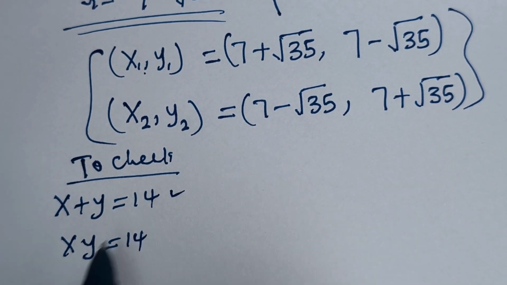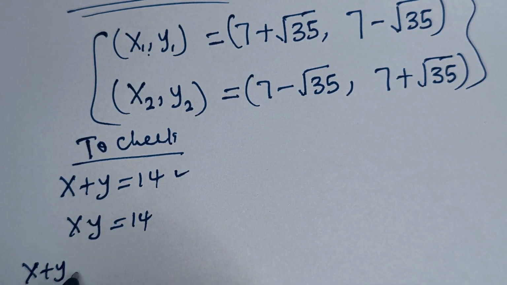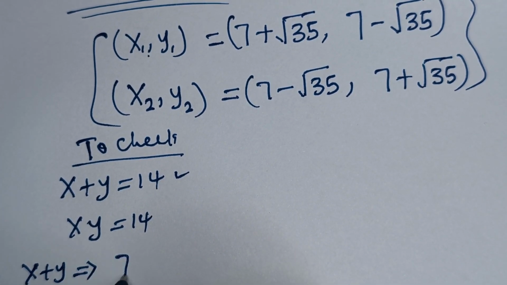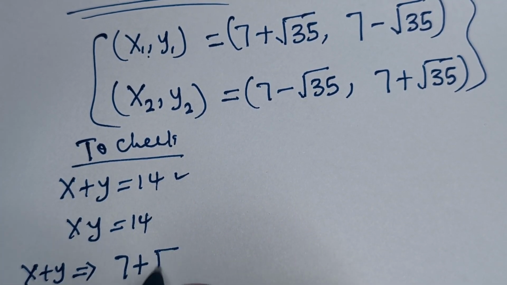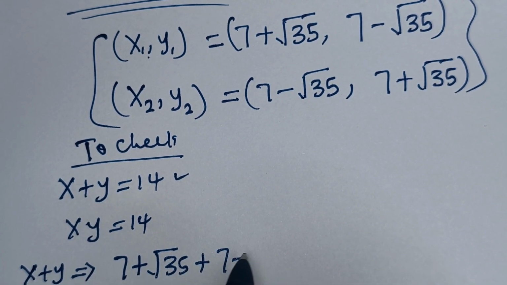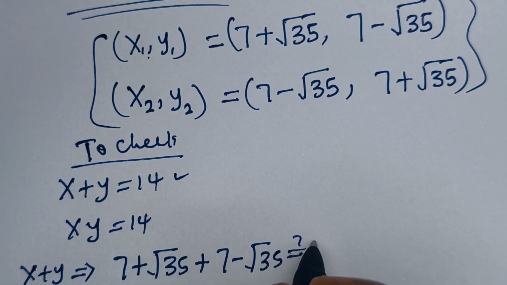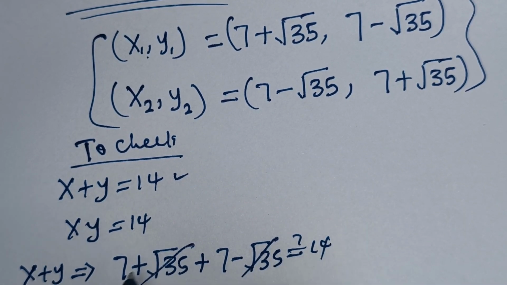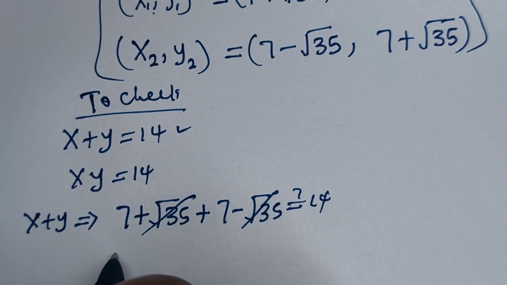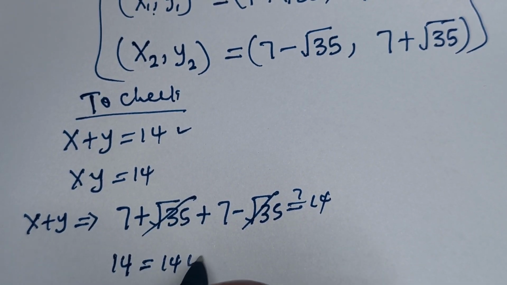Now let us consider this. x plus y, this is 7 plus square root of 35 plus 7 minus square root of 35 must be equal to 14. This cancel this. 7 plus 7, this is 14 is equal to 14, which is true.